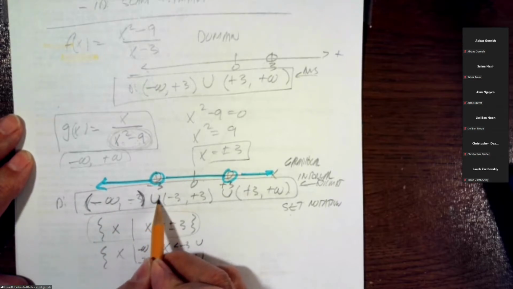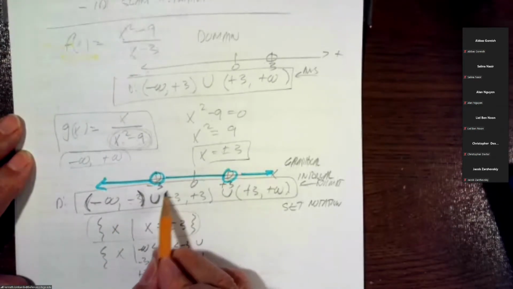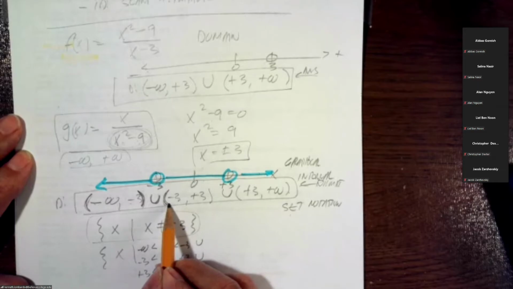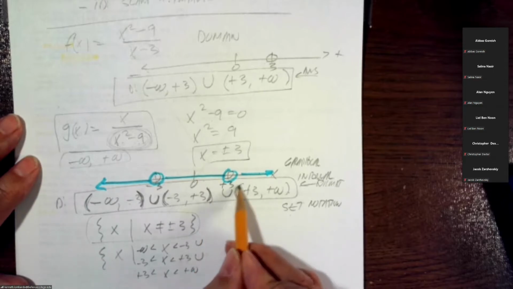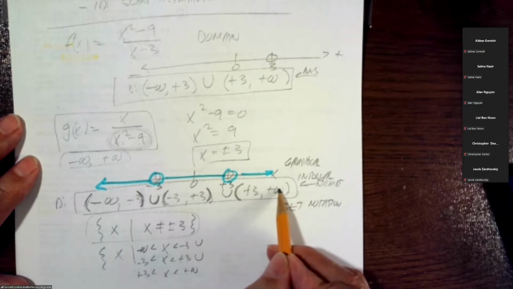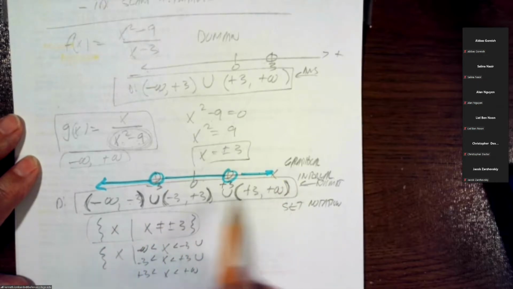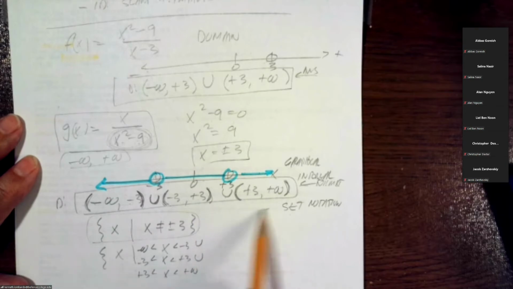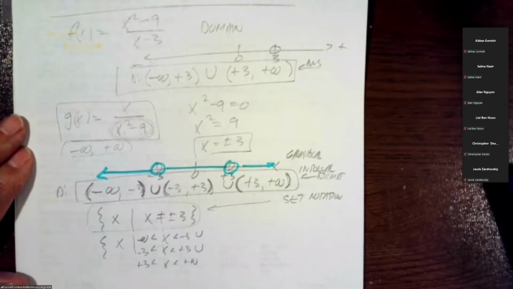This union symbol, the U here, indicates an or, which says it can be this, or negative 3, not including negative 3, to positive 3, not including positive 3, or positive 3, not including positive 3, to positive infinity, not including positive infinity. So that's our interval format. And then set notation would say the same thing in a different notation. That makes sense?